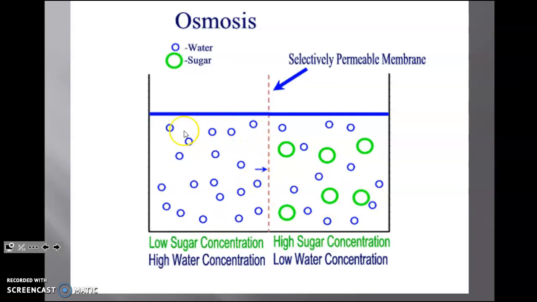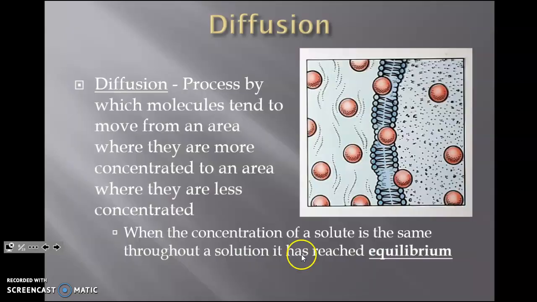The concentration of water is higher on this side, on the left, than it is on the right. So with osmosis, water is naturally going to flow from a higher concentration to a lower concentration. The water is going to flow from the higher amount to the lower amount. And that's what's called diffusion. Like I said, osmosis is a form of diffusion.